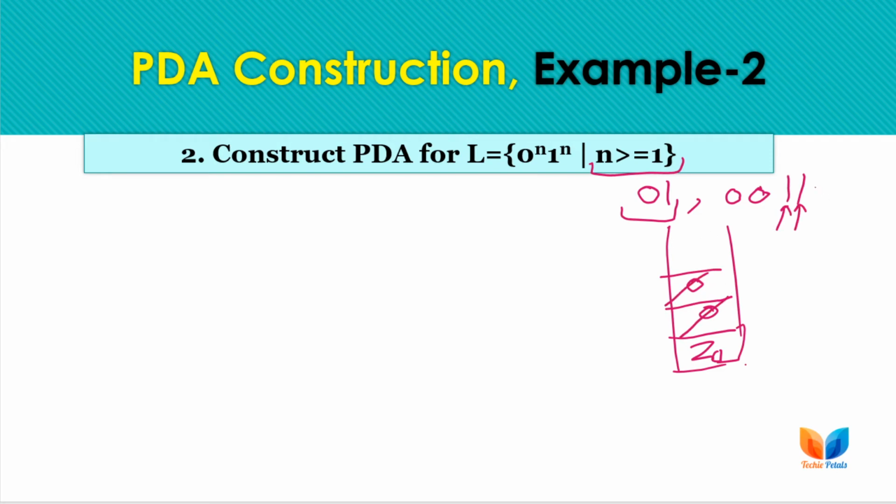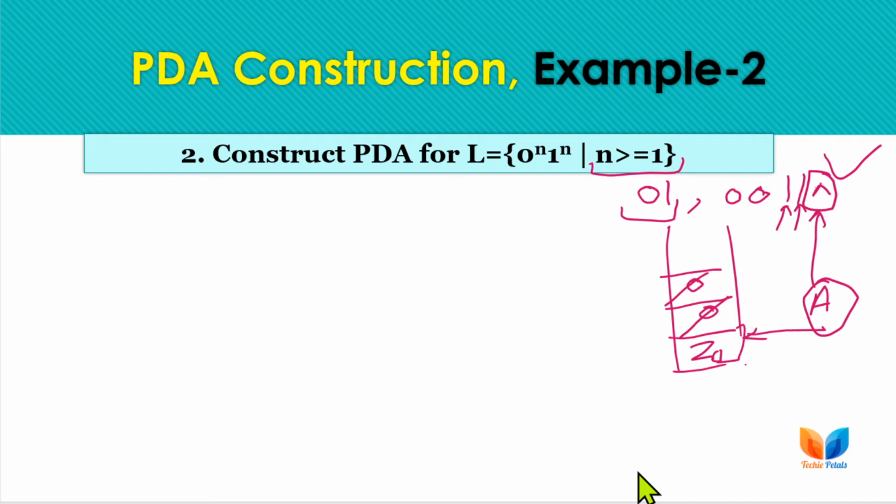Okay, and if the input is null, meaning we have reached the end of the input string, and the stack top is also Z naught, then we can declare acceptance. That means we have cancelled out the same number of ones with the same number of zeros, so the string is accepted and we have equal numbers of zeros and ones in the input string, right?